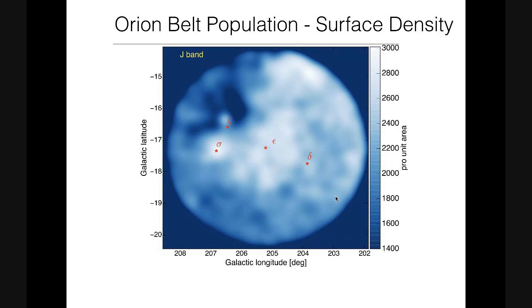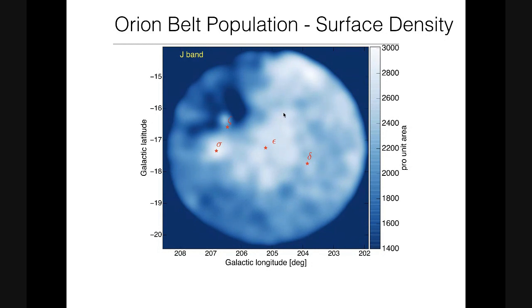The first thing we did was to look for the overdensity of stars in this field. We focused on the 2MASS data because we have full coverage, and we performed kernel density estimation and produced density maps.